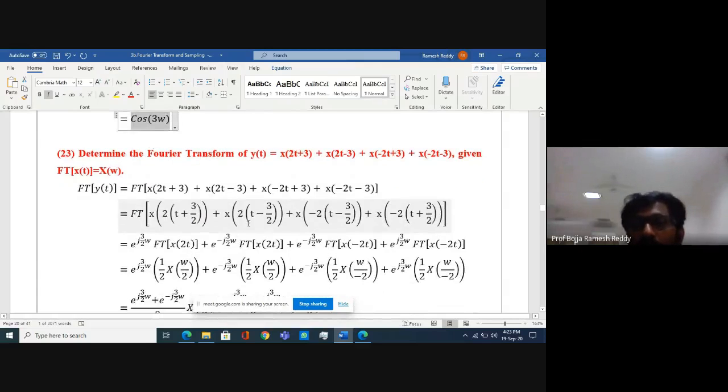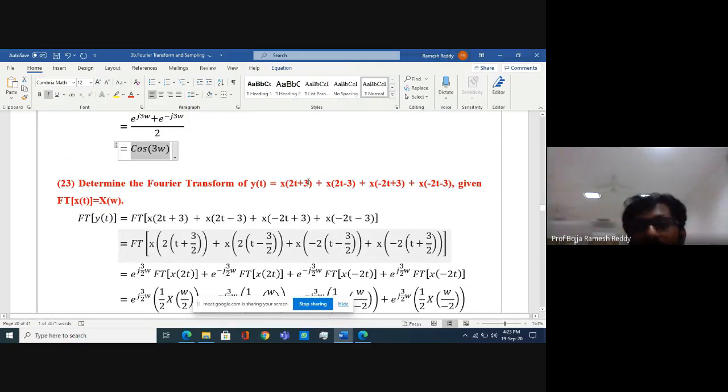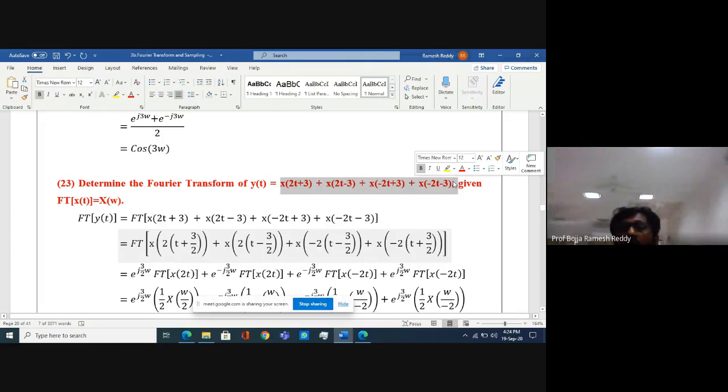Here the signal is x of minus 2t plus 3 and minus 2t minus 3, meaning left shift, right shift. Scaling is included, time scaling. Time reversal is included, time shifting is included. In this question, in total 4 different operations are included in the signal.